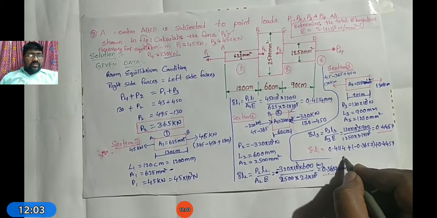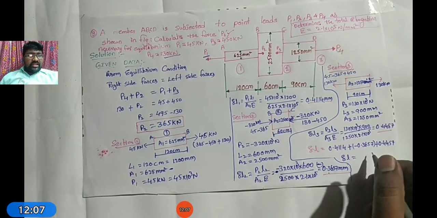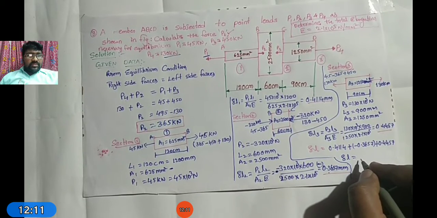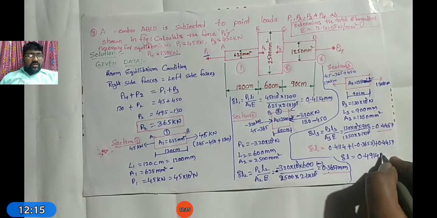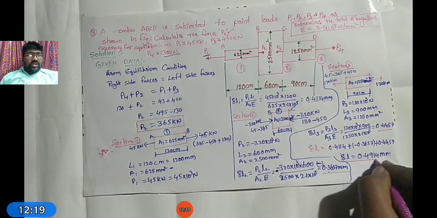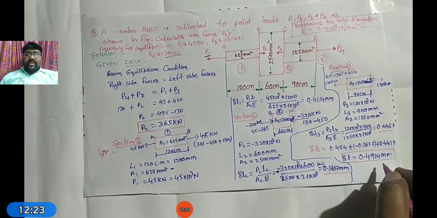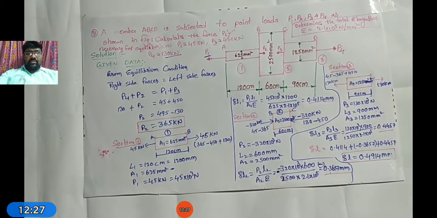By simplifying this equation, we get the change in length value as 0.4914 millimeters. It is the total change in length in the material due to these intermediate loads. Okay, thank you.